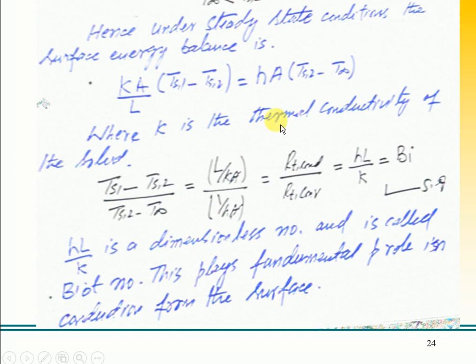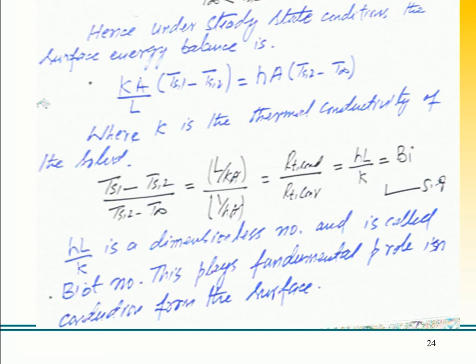This is the conduction within the metal, and this is the convection, where k is the thermal conductivity of the solid. So Ts1 minus Ts2, just by rearranging, we get the R_t of conduction to the R_t of convection, the conductive resistance to the convective resistance, and this becomes hL by k, and this is called the Biot number. hL by k is a dimensionless number called the Biot number.